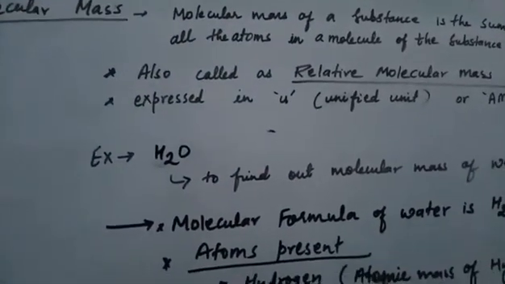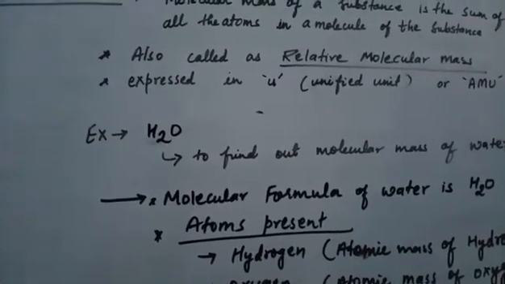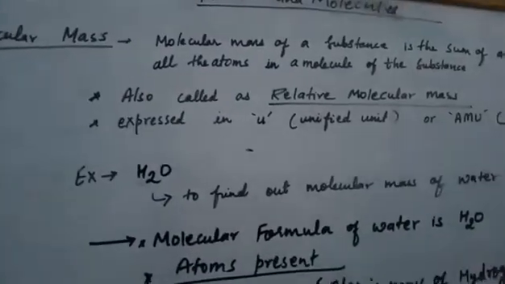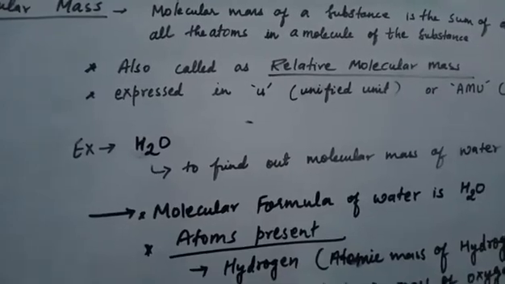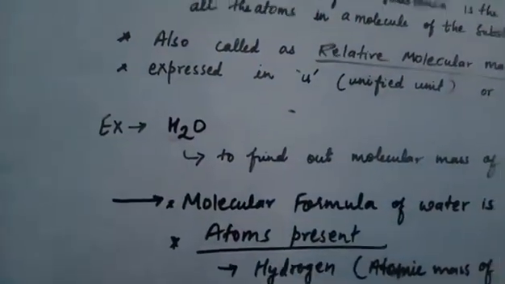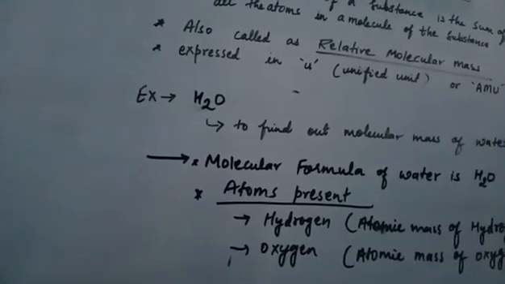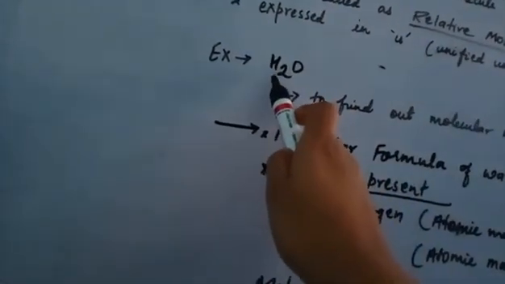Okay, so we will quickly see different examples of how to find the mass of a molecule of different substances. First I have taken the example of water. So if it is asked to find out the molecular mass of water, that means it is asking to find out the mass of one molecule of water.